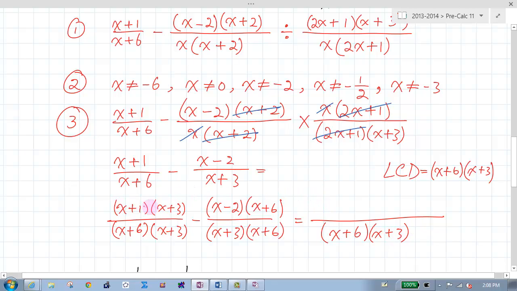Then I'm going to expand these. It becomes x squared plus 4x plus 3, minus, and I'm going to expand these, this is x squared plus 4x minus 12.